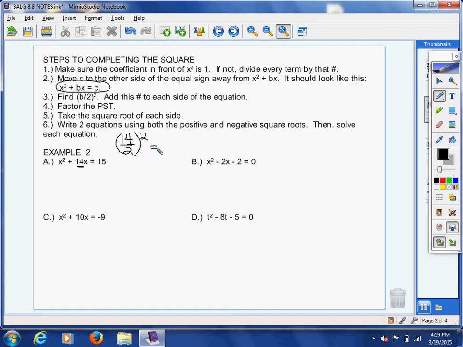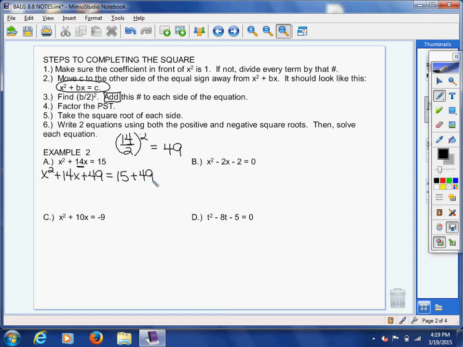Now, 14 divided by 2 is 7. 7 squared is 49, okay? Now, what you're going to do is add this number, 49, to each side of the equation. So here's how it's going to look. We've got x squared plus 14x plus 49 equals 15 plus 49.